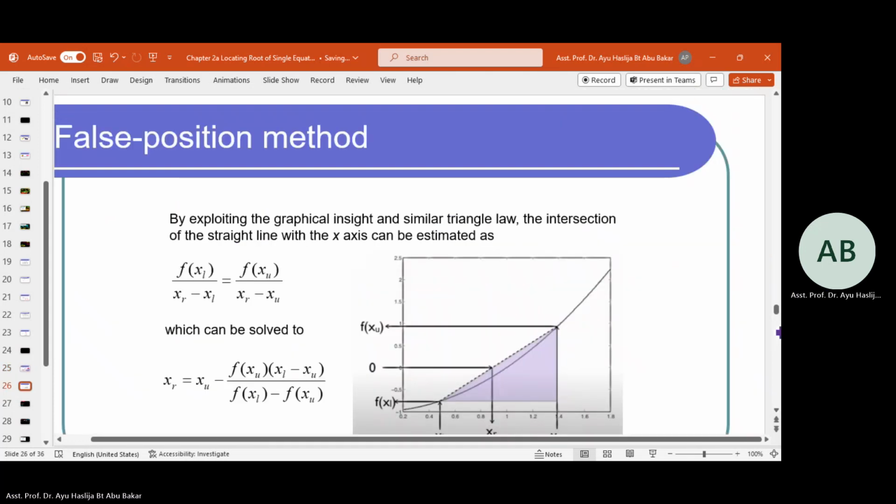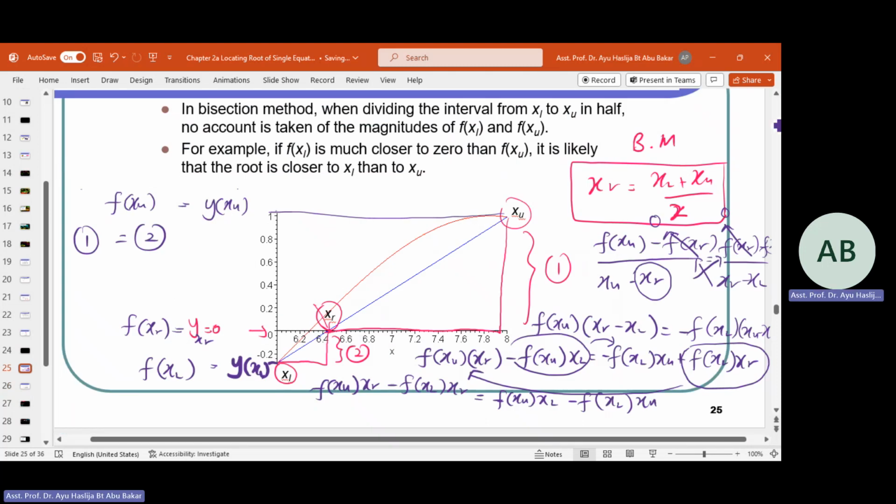Sorry. Okay, so now extract the XR, over F(XU) minus F(XL).